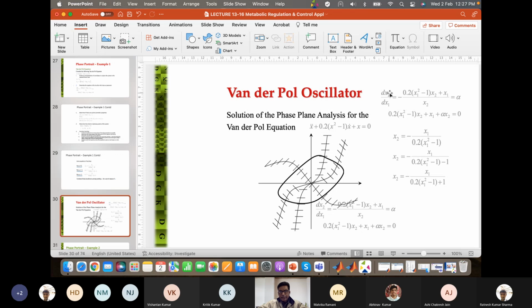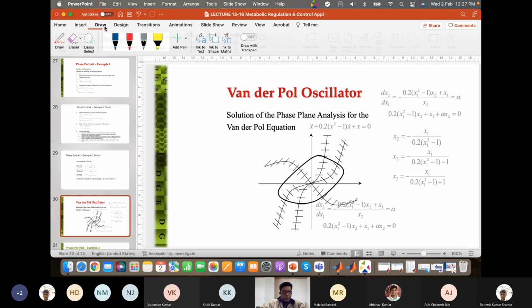So what you're saying is that whenever I look at a small slope on the curve that I've drawn for the van der Pol in the phase portrait mode, with this being x1 and that being x2, let's say, then at any point, dx2 by dx1 would essentially tell me the slope at this line.